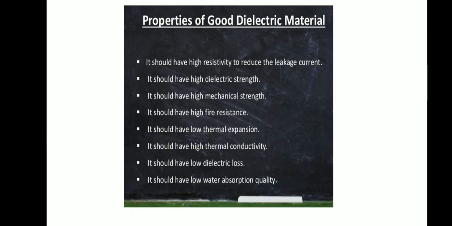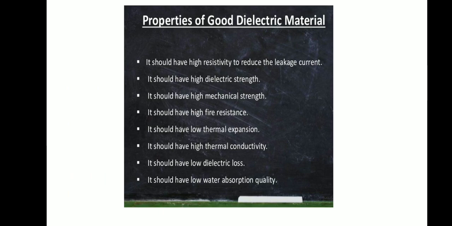Next we'll discuss the properties of a good dielectric material. First, it should have high resistivity to reduce leakage current. Second, high dielectric strength. Third, high mechanical strength. Next, high fire resistance.